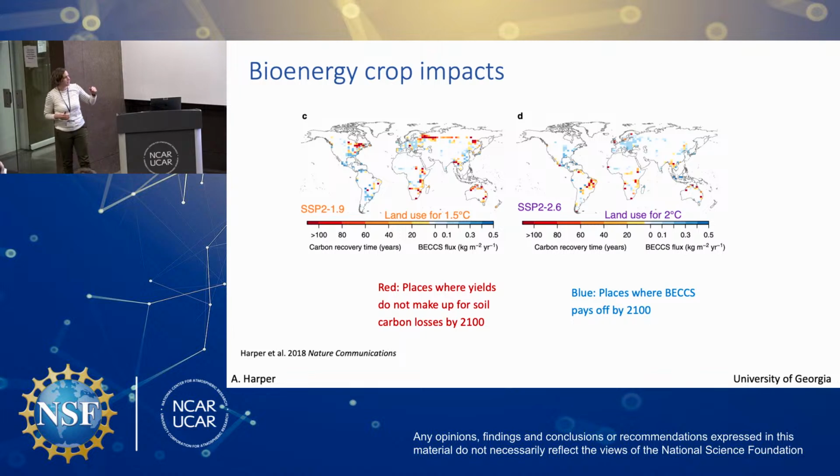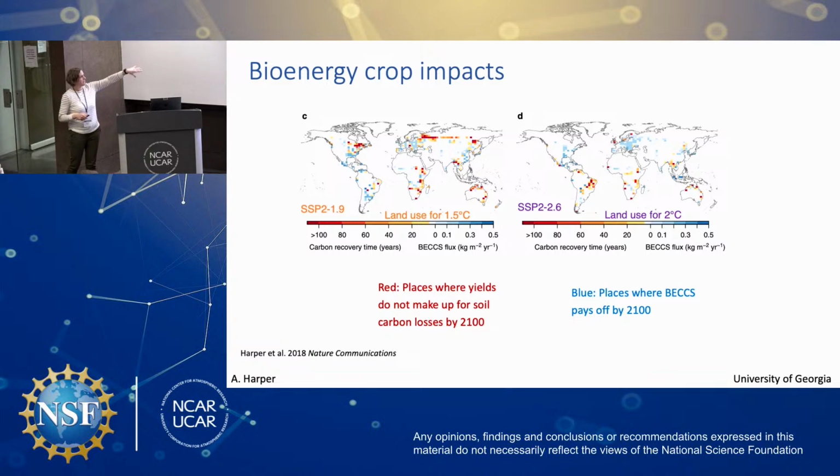It's an example of how this affects what we say about how effective land-based mitigation is. This was a study I did a few years ago where we compared 2 different land use patterns from the IMAGE integrated assessment model where they planted bioenergy crops. Anywhere it's red are places where the yields from that bioenergy crop didn't make up for the losses in soil carbon that occurred due to the land use change.